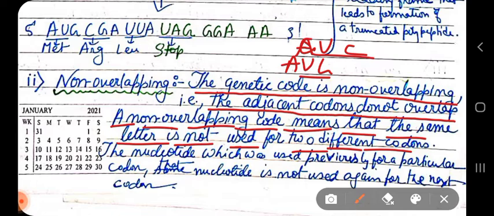It simply means that adjacent codons do not overlap.